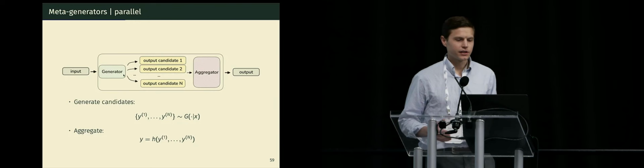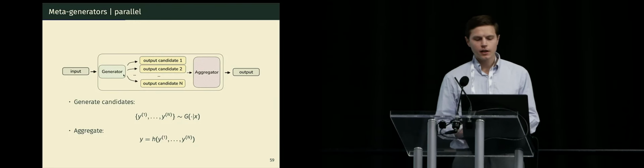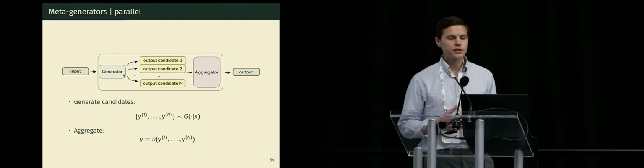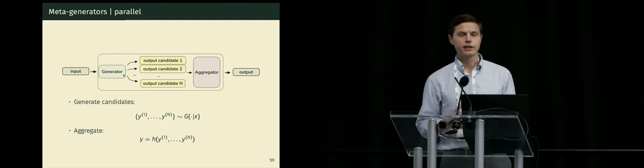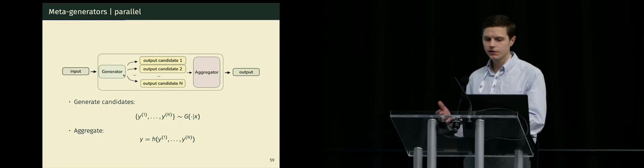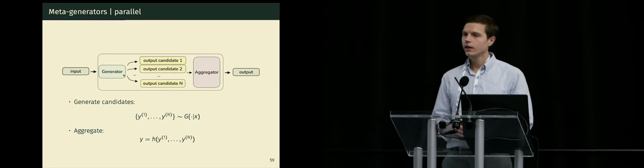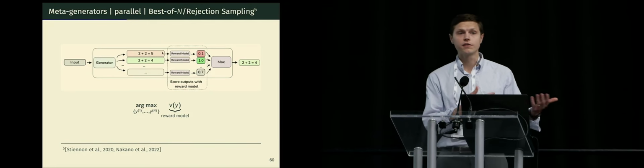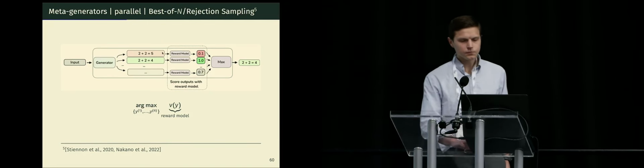So parallel generation, again, a fairly simple idea. You have your generator, and now you call it, and instead of just generating one output, you generate n outputs. Then you have some function which you call the aggregator, and that takes in these n outputs and produces the final output of the system.